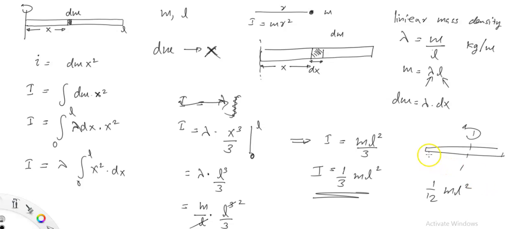This time you can write the limits as negative L over 2 to L over 2, and change the limits like that. That will be an interesting thing. Imagine doing this for all the other shapes. Those are real fun math problems, but I'm not going to go there. You don't have to do that much. I want you guys to have an idea about these simple cases.